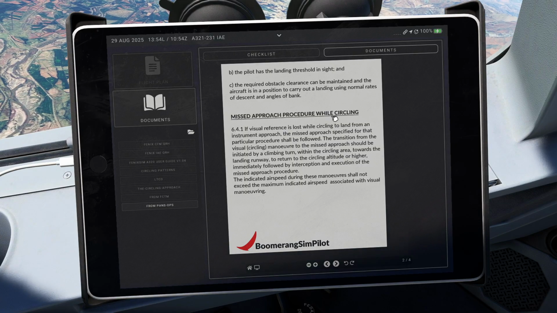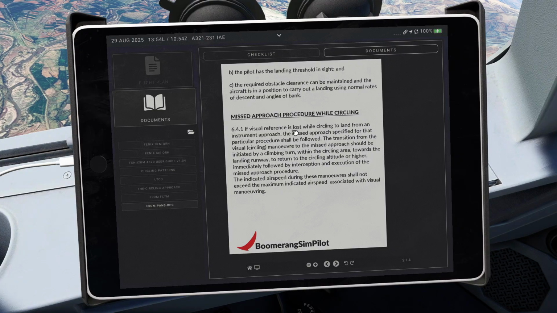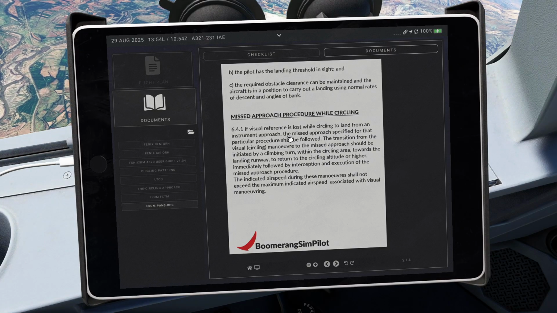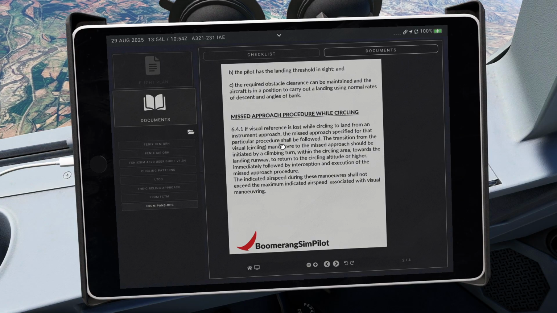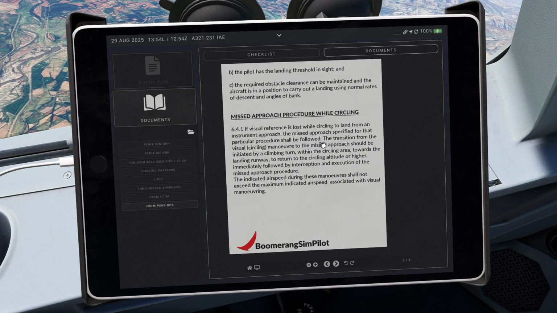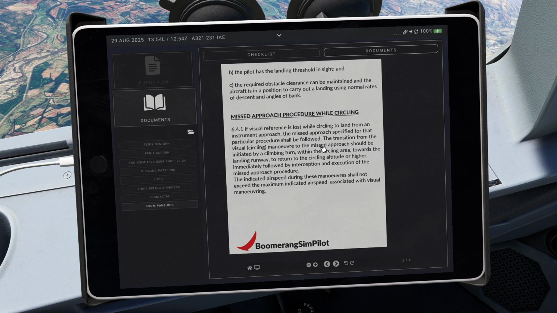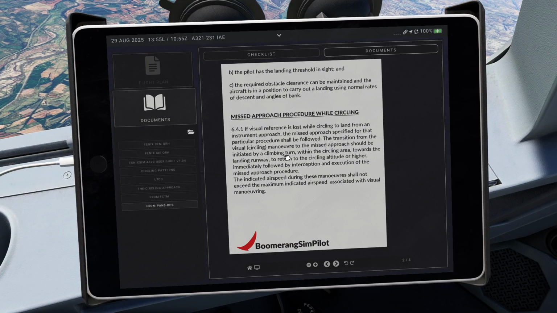About the missed approach procedure while circling. If visual reference is lost while circling to land from an instrument approach, the missed approach specified for that particular procedure shall be followed. The transition from the visual circling maneuver to the missed approach should be initiated by a climbing turn.